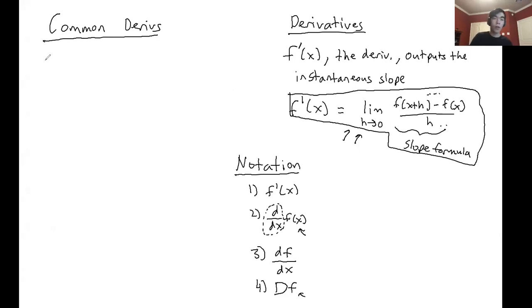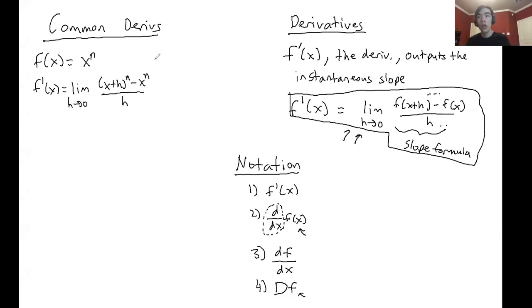Perhaps the most common of all is if you look at f of x as the polynomial. We're going to just take x to the n. If you want to find how to take the derivative of this, I'm going to go back to the formal definition. F prime of x is equal to the limit as h approaches 0 of (x plus h) to the n minus x to the n, over h. So we can treat h as something that's very, very close to 0.